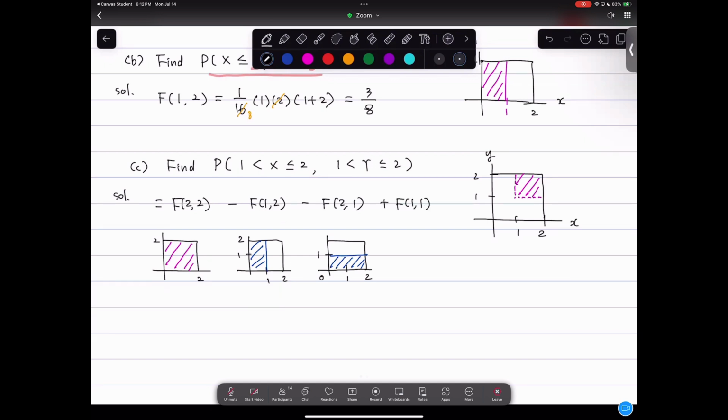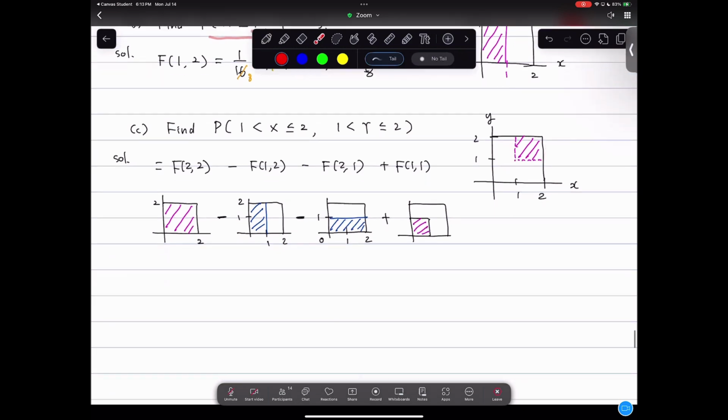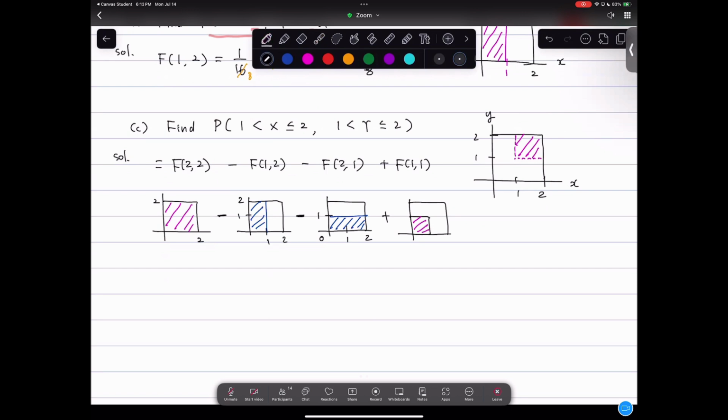So after subtracting and subtracting, I add the volume from 1 by 1 over here, and that gets me the little volume over that region. That's what I want to do. Therefore, the rest is plugging in the values.